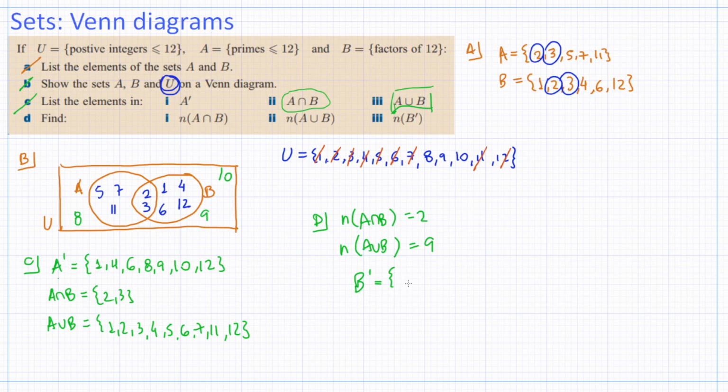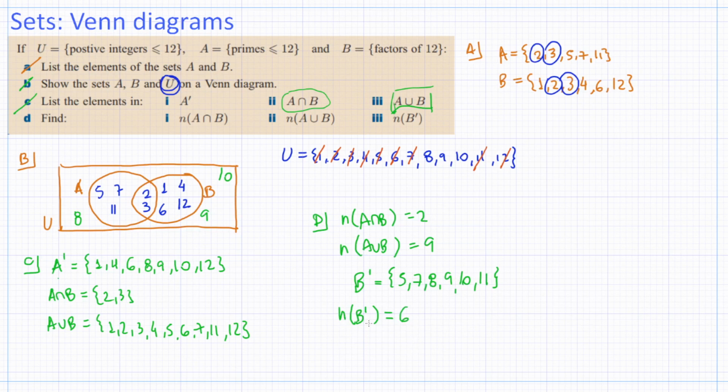The universal set is all positive integers less than or equal to 12. So 1 is in B, 2 is in B, 3 is in B, 4, 5 is not, 6 is, 7 is not, 8, 9, and then all numbers up to 11. 12 is there, and that's it. So this is the complement of B. The number of elements in B prime, our complement of B, how many elements do we have here? 3, 6.